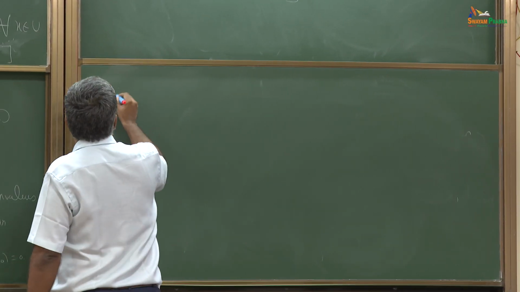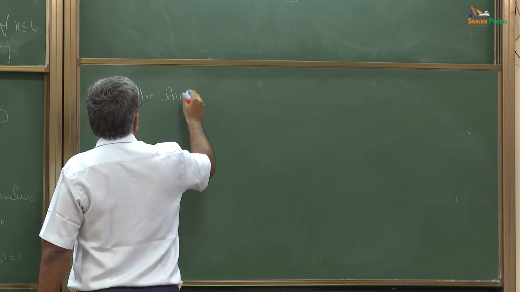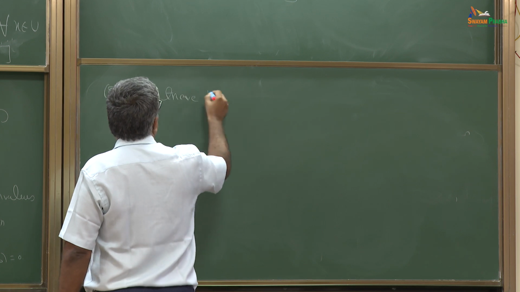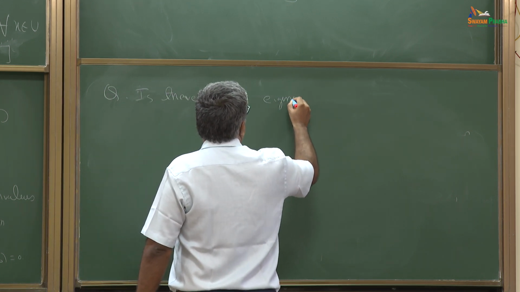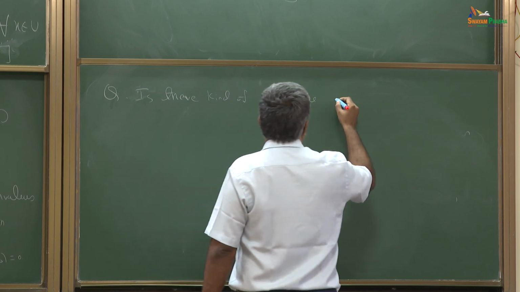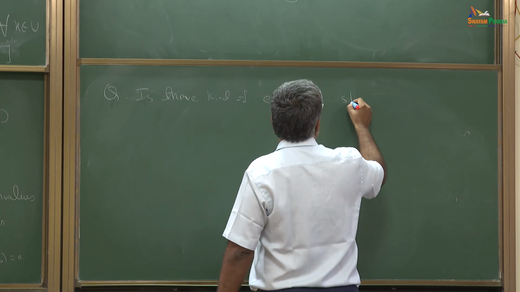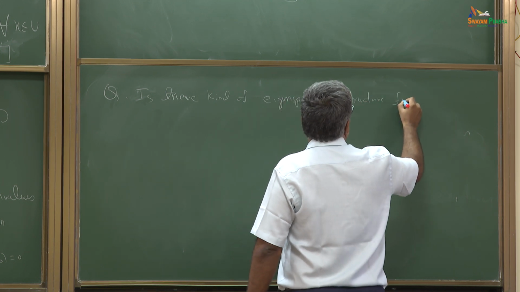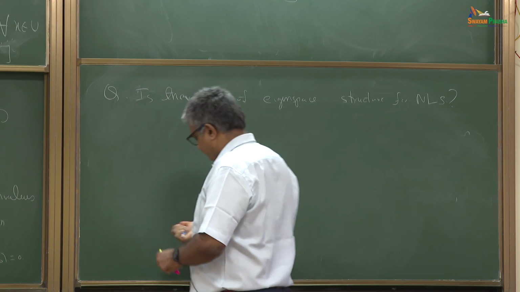So the question was, is there a kind of eigenspace structure for nonlinear systems?